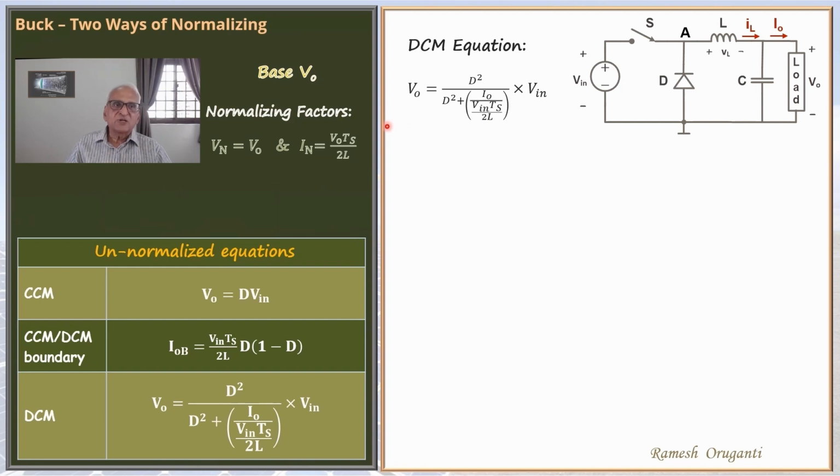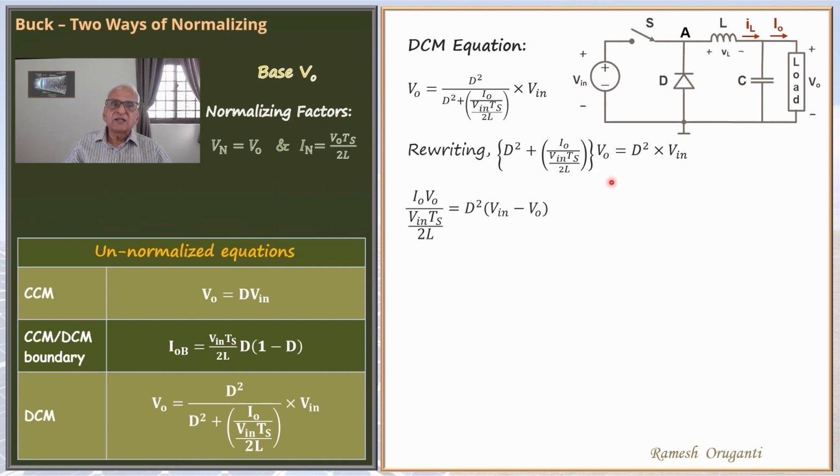So d squared plus I0 by Vin Ts by 2L, whole times V0, will be equal to d squared Vin. So this d squared V0, I can take to the right hand side and combine it with the d squared Vin already there. Then on the left hand side, what will remain is I0 V0 by Vin Ts by 2L, and that will be equal to d squared times Vin minus V0.